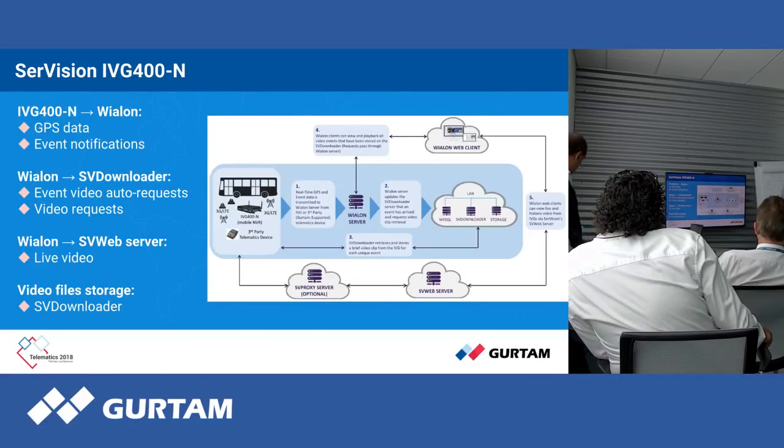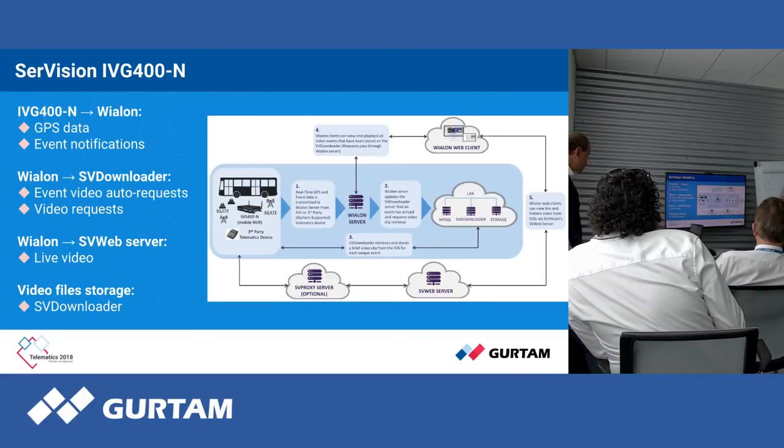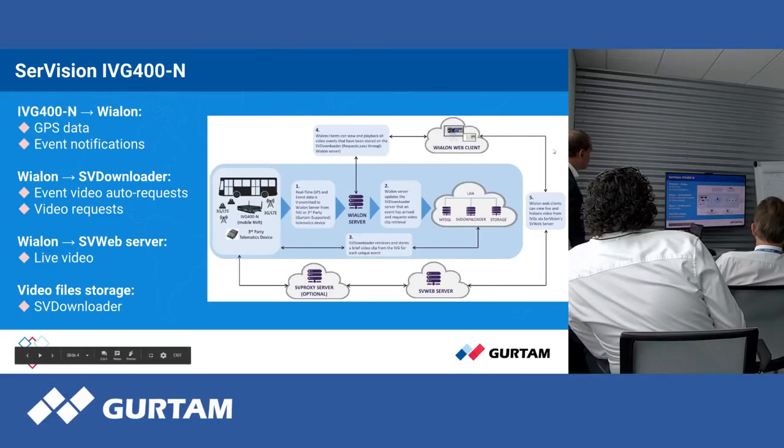So let me explain what happens when we request video files from Savision devices. When we execute the command to download a video file from the device, the Wialon server sends the request to the SV downloader server.